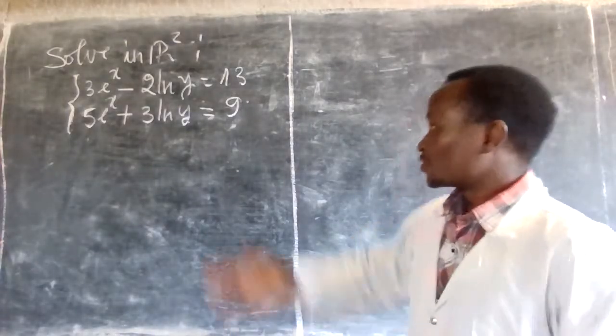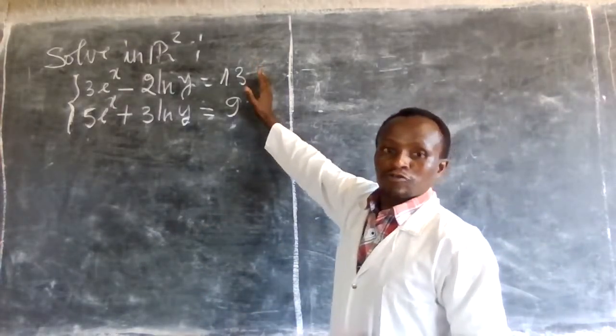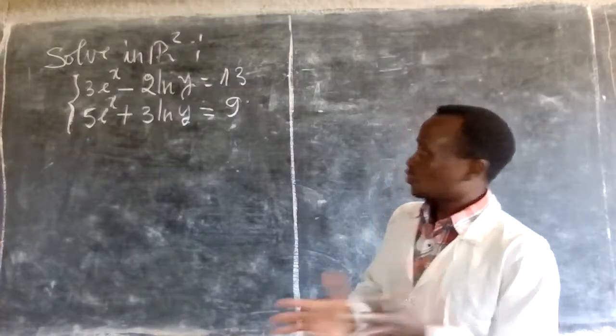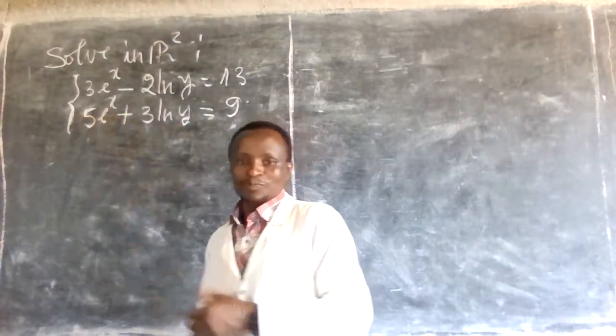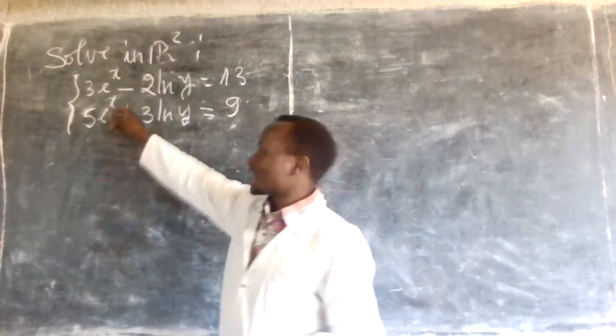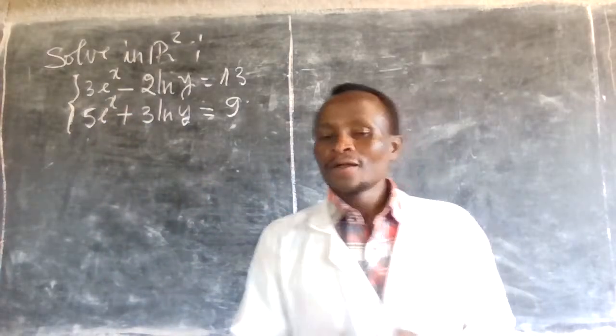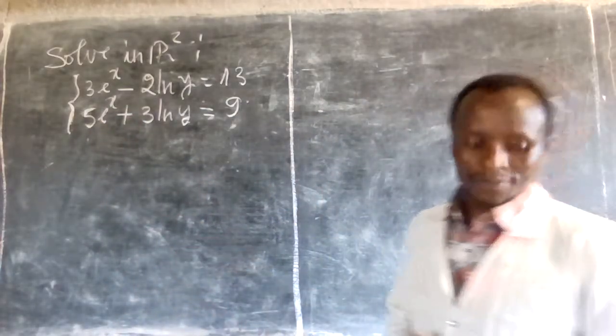I'm waiting for your participation. So we have this kind of exponential. It is in this form, e power x. We're going to do this equation.